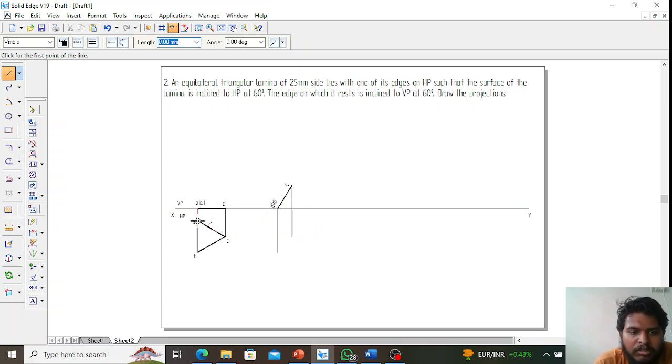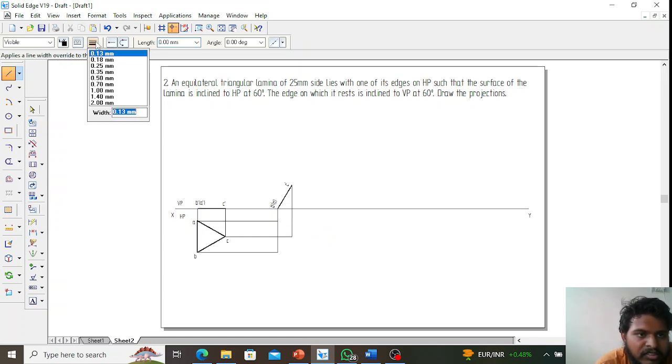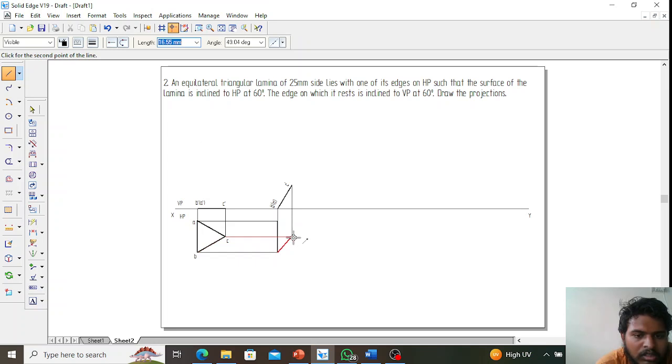Similarly, projections from here to this one, here to this, here to this. Now I will draw the second view. This I will first select 0.50 mm. Now from here, alright, so this is the second view.